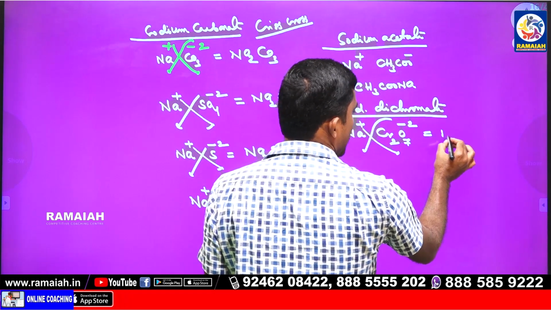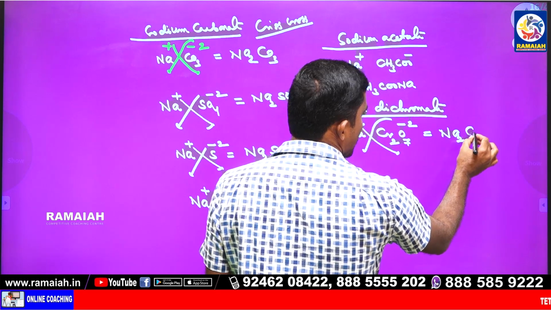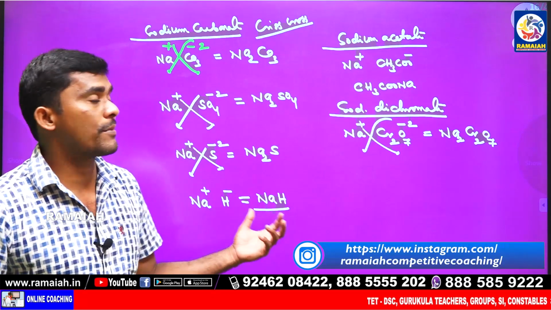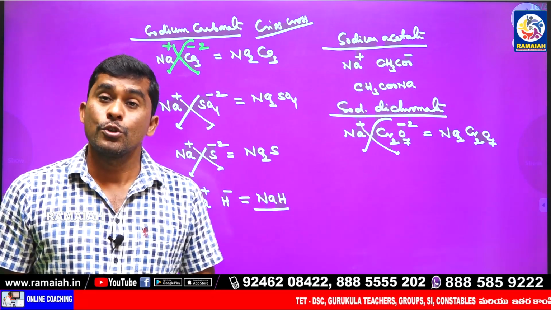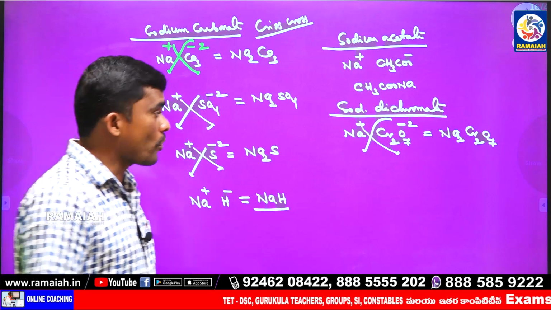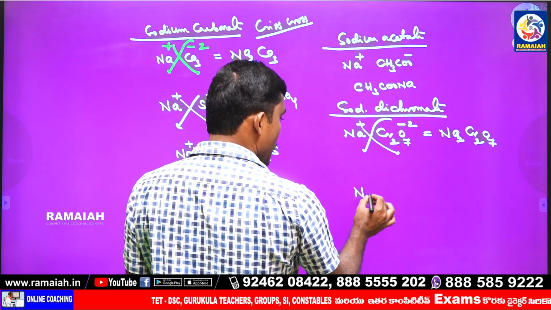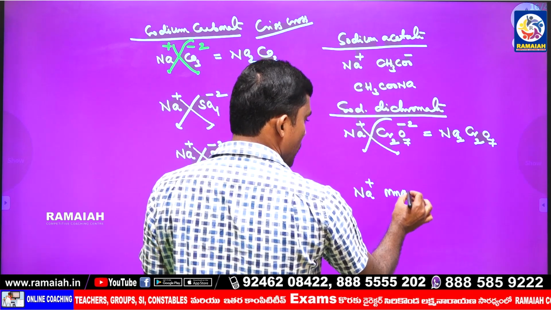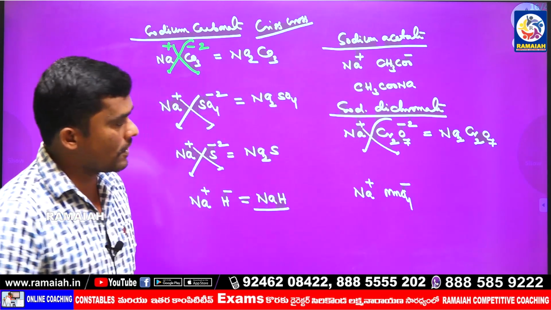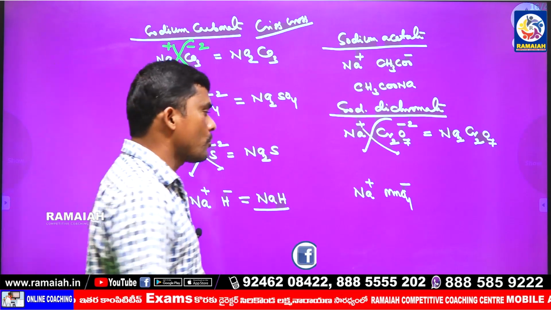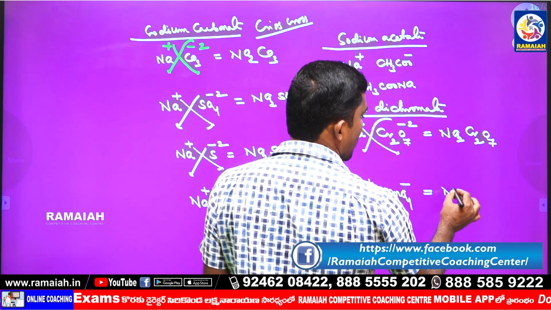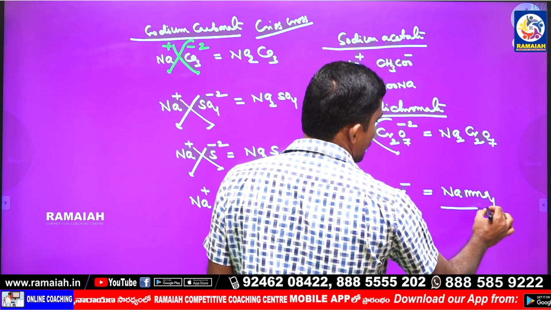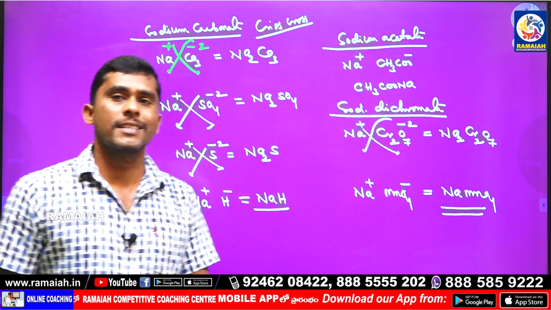So the formula is Na2Cr2O7, sodium dichromate. Sodium permanganate. Sodium means Na plus. Permanganate is MnO4 minus. The charges are equal, so the formula is NaMnO4, sodium permanganate.